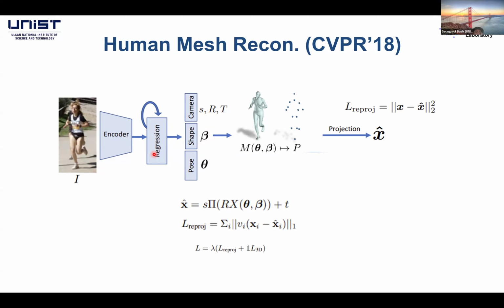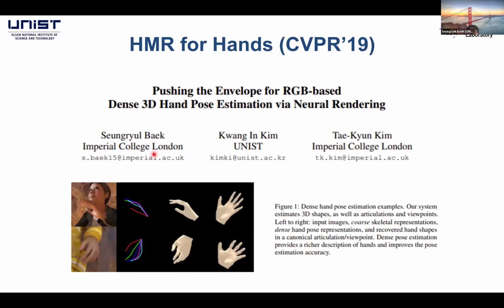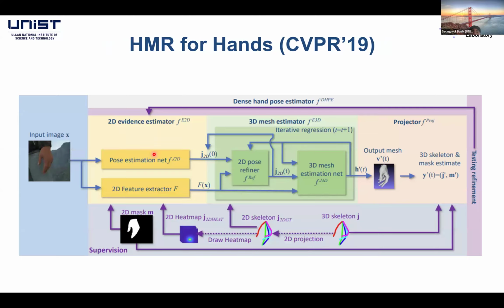HMR is using SMPL, wanting to map the image I to the mesh. And this paper is doing the same in the hand domain. So the input is a hand RGB image, and using the MANO model, we map it to a 3D mesh, using only the 2D skeleton and mask supervisions without any 3D mesh supervision.